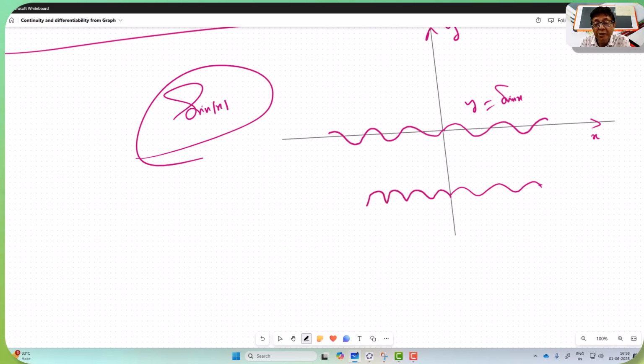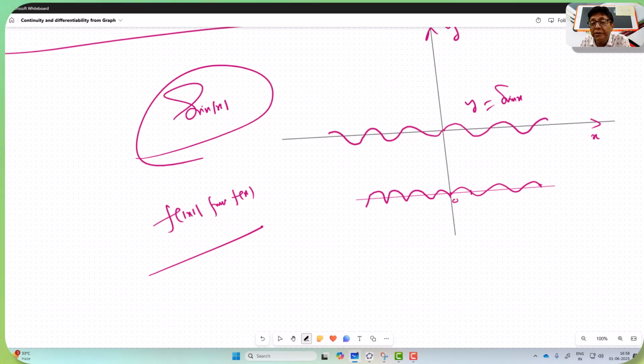This is the way we draw the graph of f of mod x from f x. This is the method, and this axis also you need to draw. So this function is not differentiable at x equal to 0.